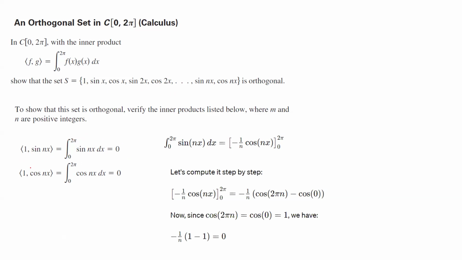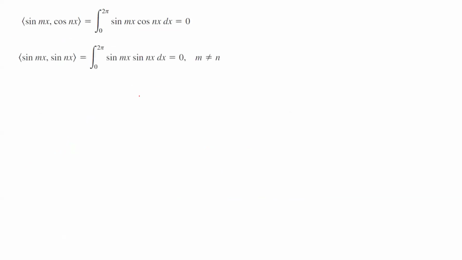When you're writing sine nx, cosine nx, it includes sine x, sine 2x, sine 3x, and so on. Now, sine mx and cosine nx, this inner product is also 0. Sine mx, sine nx, if m and n are not equal to each other, this is also 0.